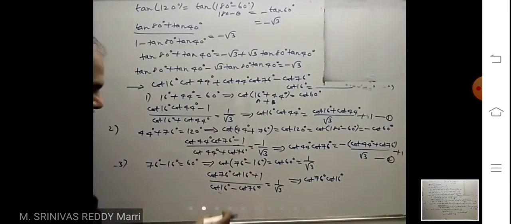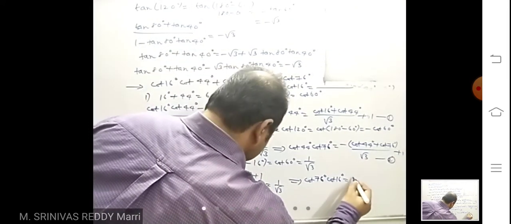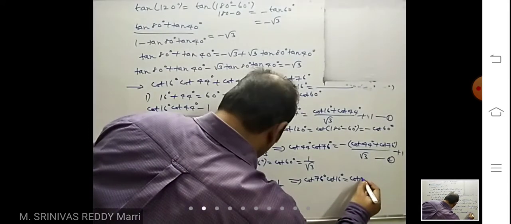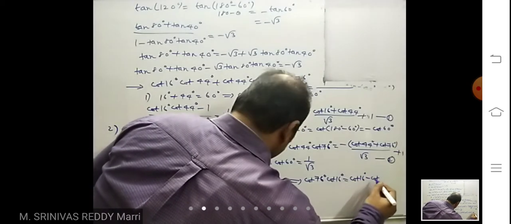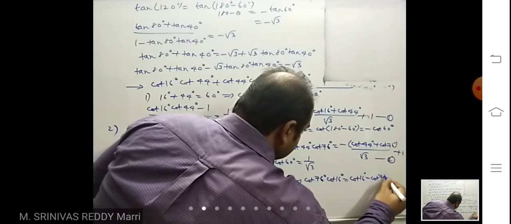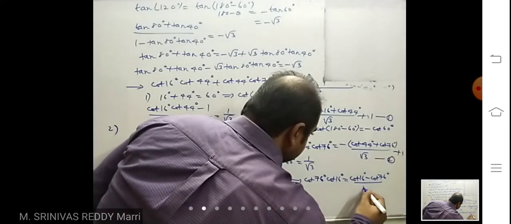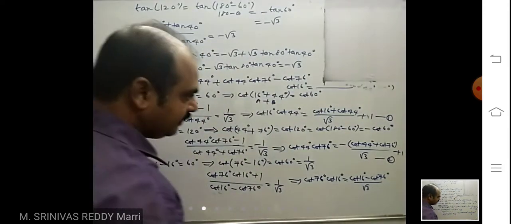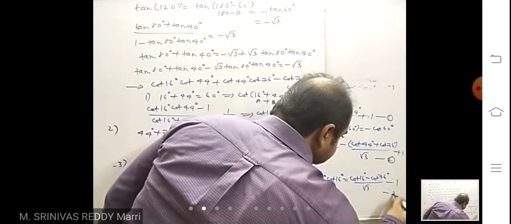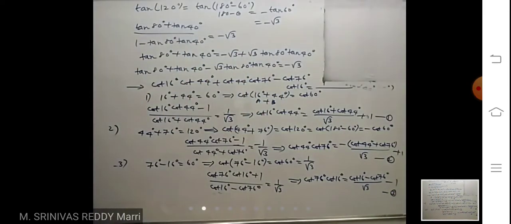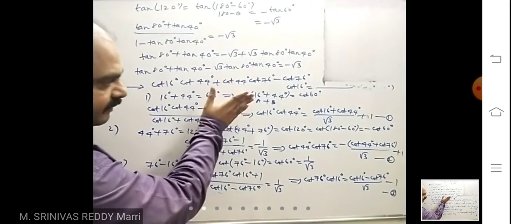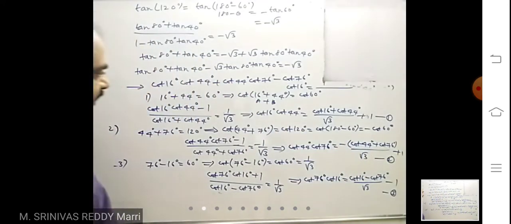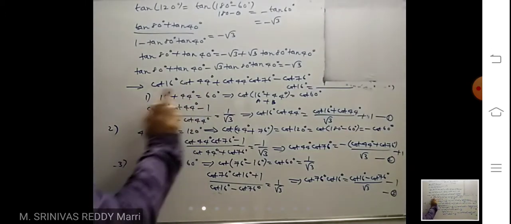So cot 16 degree cot 76 degree is nothing but, bring that side, (cot 16 degree minus cot 76 degree) divided by root 3, minus 1. So this is the third equation. Now I got this product like that. This product must be brought by considering this equation.